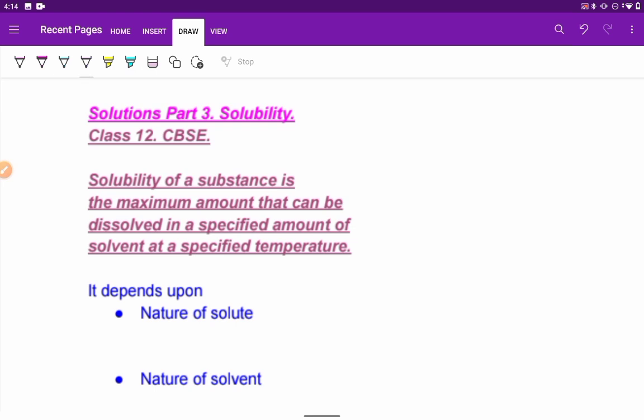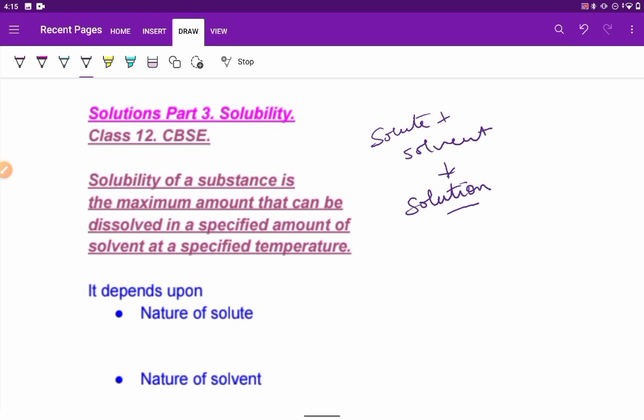So we can say that solute plus solvent forms a solution. So in a specified amount of solvent, means we know the definite amount of solvent, how much amount of substance, that is the solute, can be dissolved at a specified temperature will be called as the solubility.